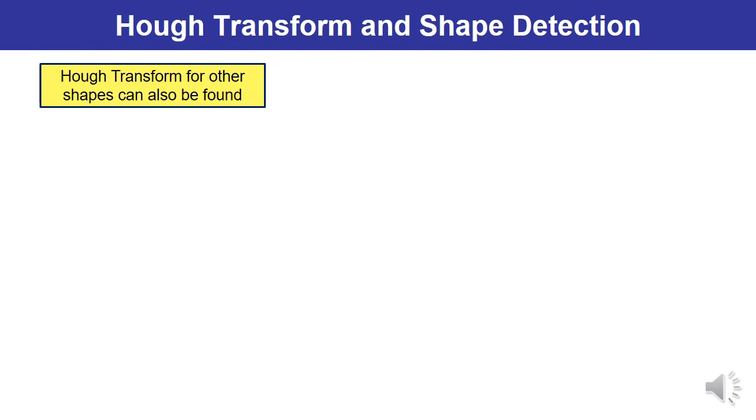Similarly, the Hough transform can be applied to other types of shapes also, like we have discussed for the line. In case of the line, we have discussed in general, and then for the vertical line, we have discussed the modified Hough transform. Now, since it can be applied to other shapes, let us discuss the case of the circle.